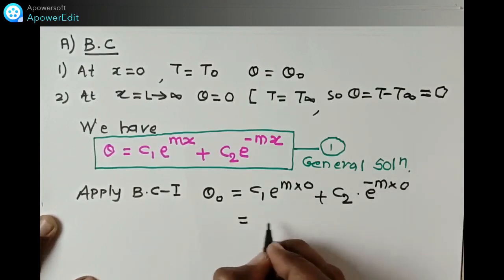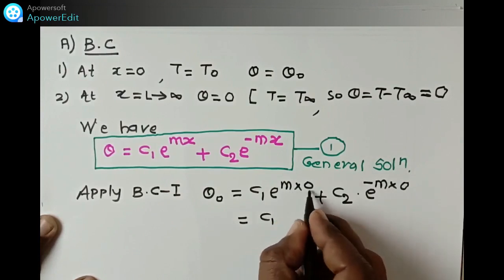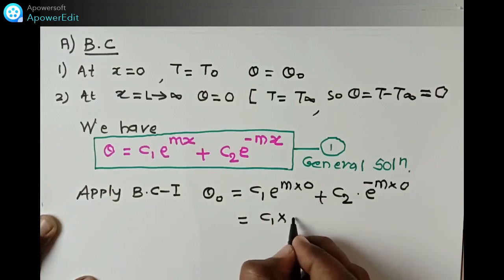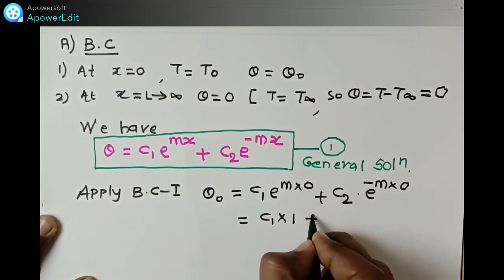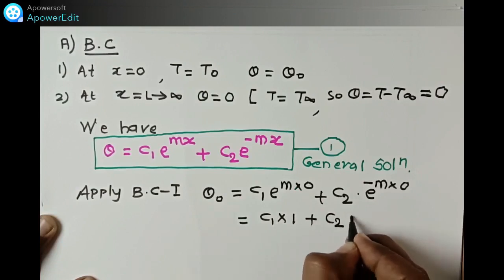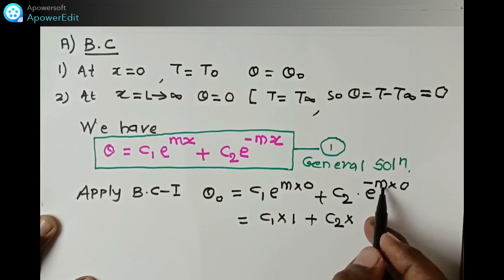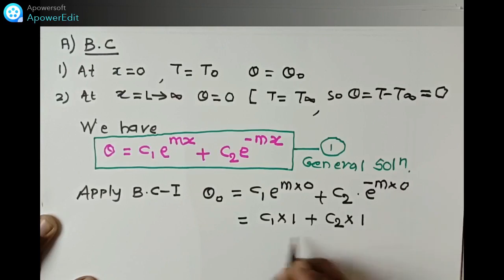By solving this, in C1 term, m into 0 means 0, e raised to 0 is equal to 1, plus C2 into e raised to minus m into 0, again 0, e raised to 0 is again 1.